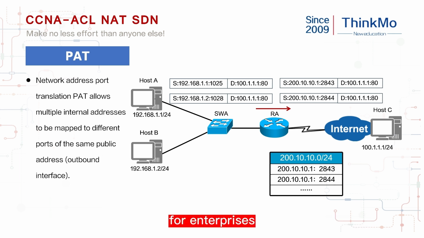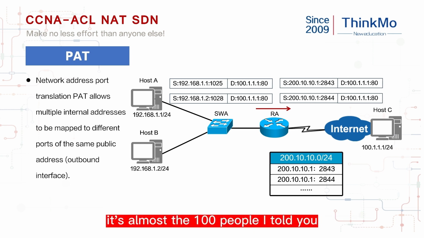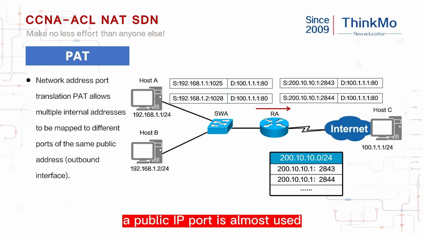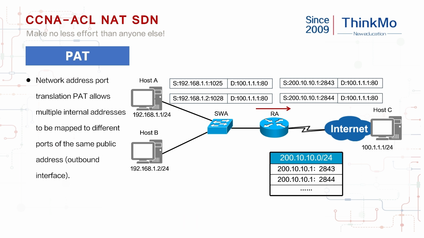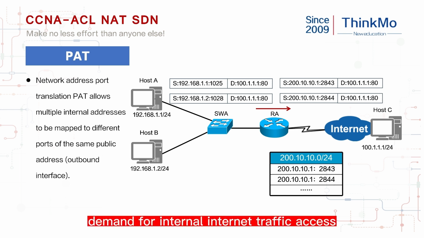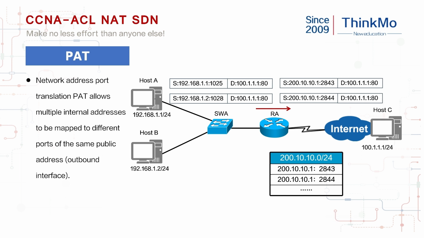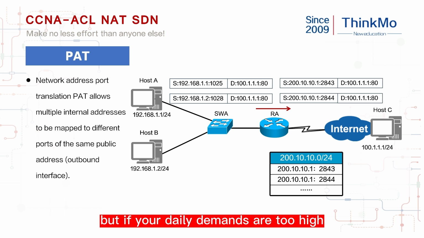For enterprises, it's almost the 100 people I told you. Basically, a public IP's ports are almost used up. Of course, if there is not much demand for internet access, you may find that 200 or 300 people are enough. But if your daily demands are too high, about 100 people almost exhaust it.